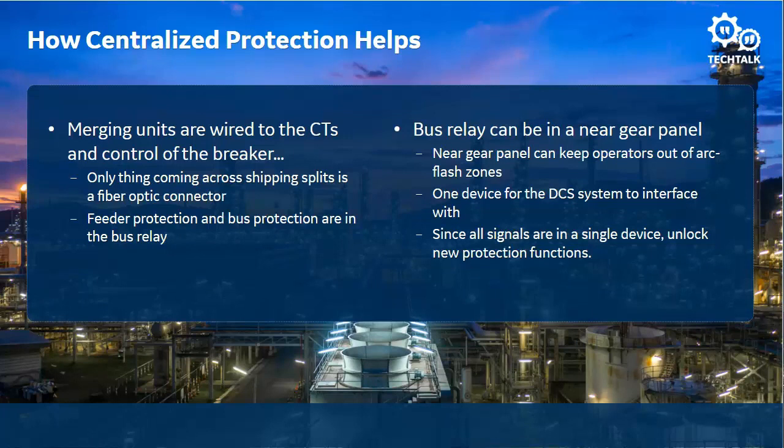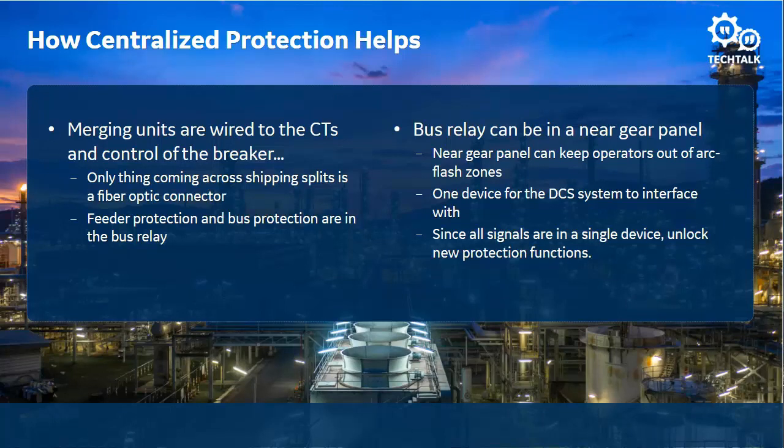The other piece of this is, since my CTs and VTs and my trip and close signals are coming across a fiber optic network, there's no reason for me to have the protective relay or any of the control devices in close proximity or inside of the arc flash boundary.